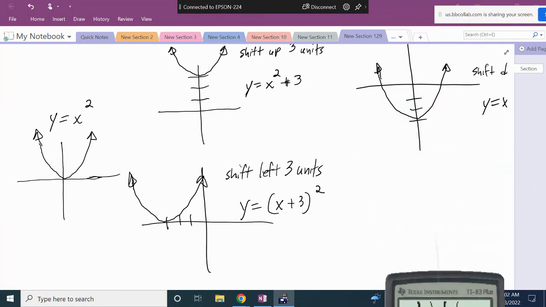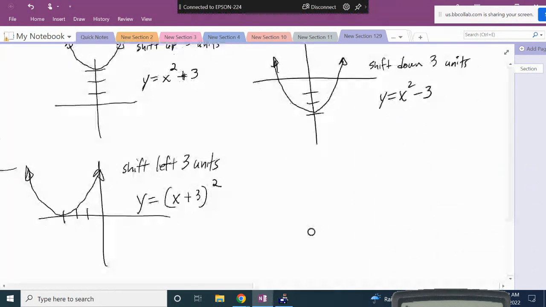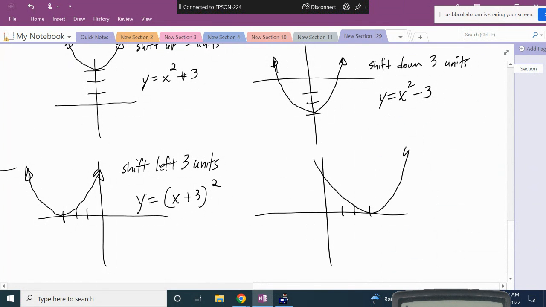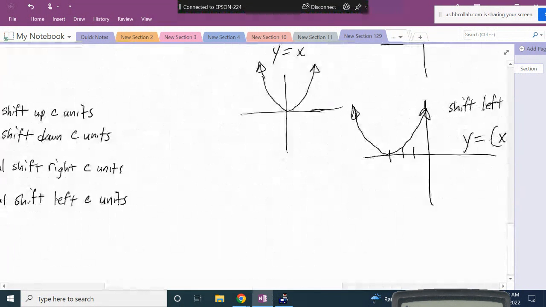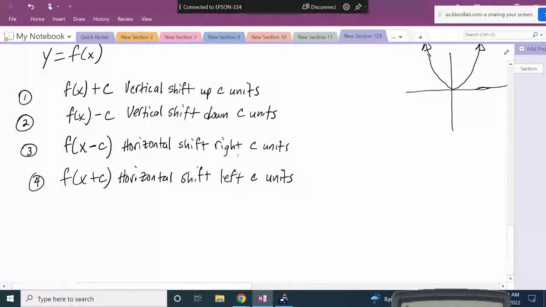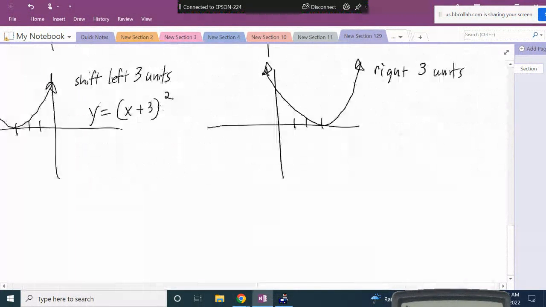Now on the flip side, we're going to take the parabola and move it to the right 3 units. So this is a shift to the right 3 units. How do we write out the equation? Going back to our model forms, a shift to the right c units is minus a constant inside of the function.